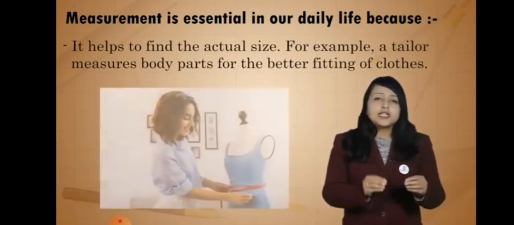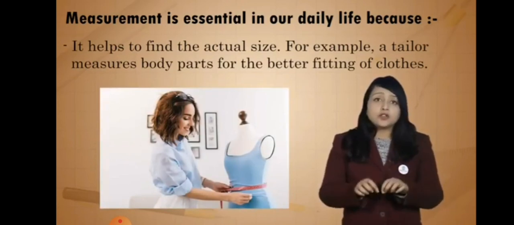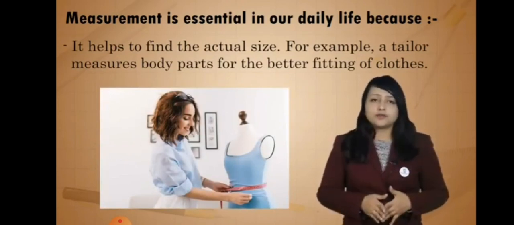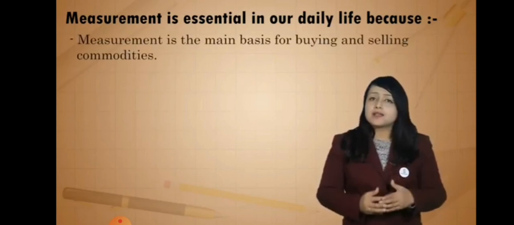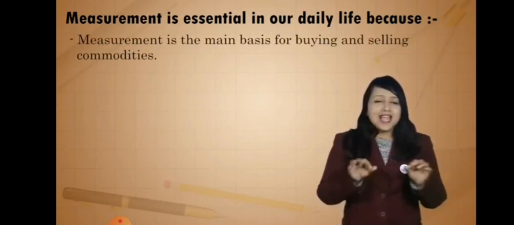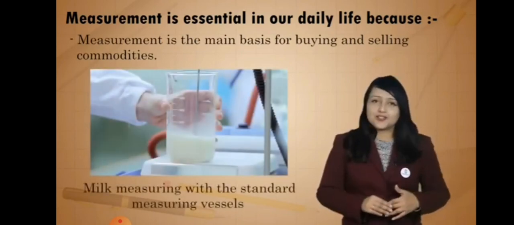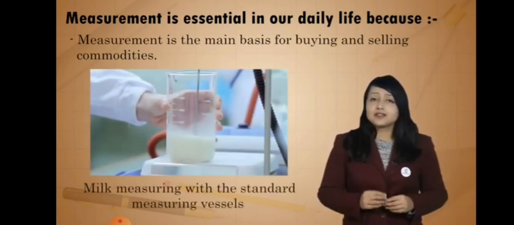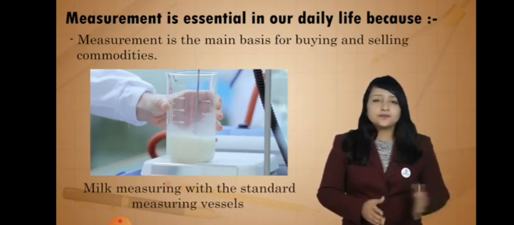For example, a tailor measures body parts for the better fitting of clothes. Measurement is the main basis for buying and selling commodities. For example, the exact volume of milk is measured with standard measuring vessels before market delivery.